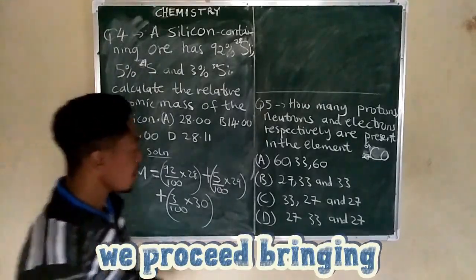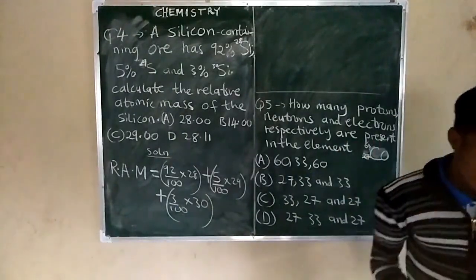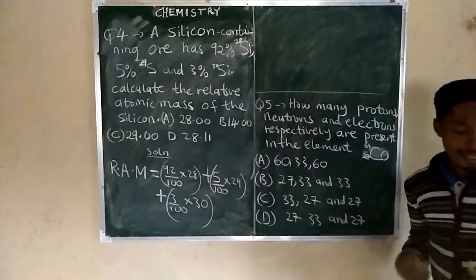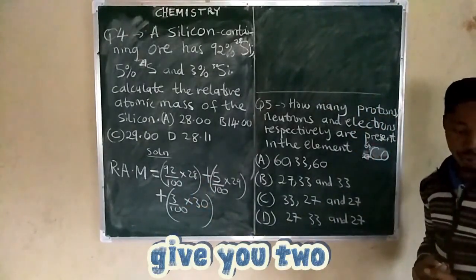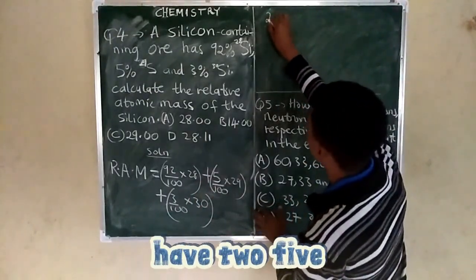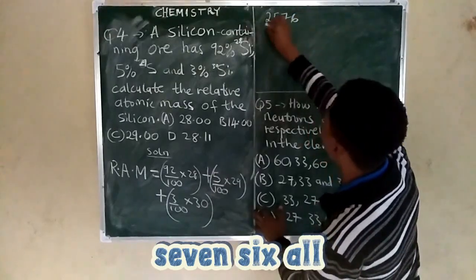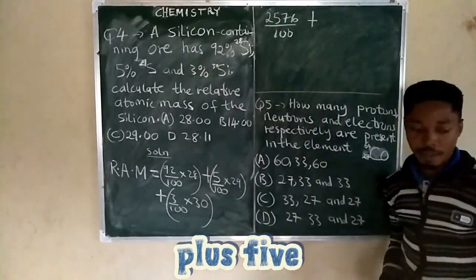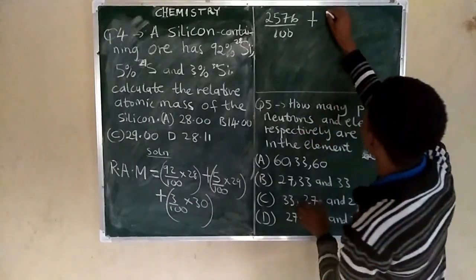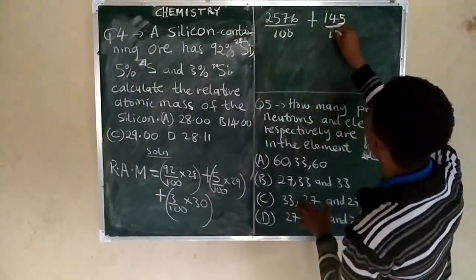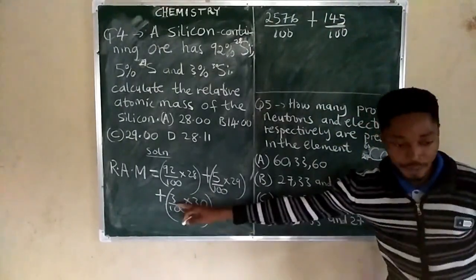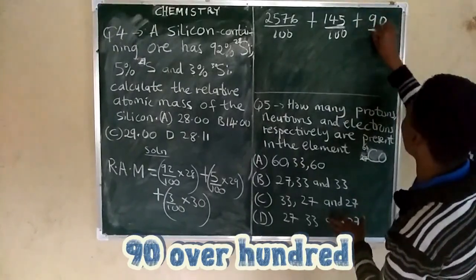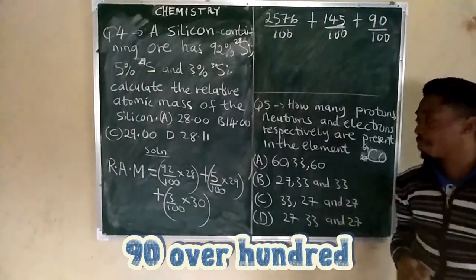We proceed. Bringing up your calculator, what you're going to have would be 92 times 28. It's simply going to give you 2576. So we'll have 2576 all over 100, plus 5 times 29 is simply going to give you 145 all over 100, and 3 times 30 would obviously give you 90 over 100.